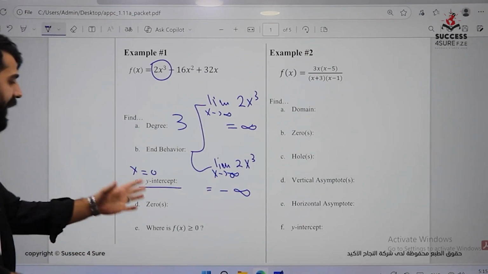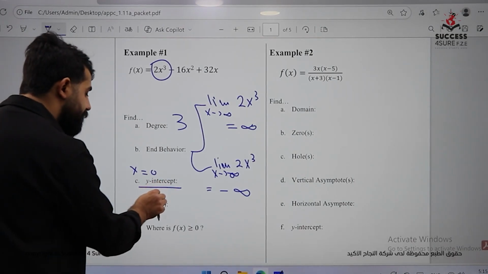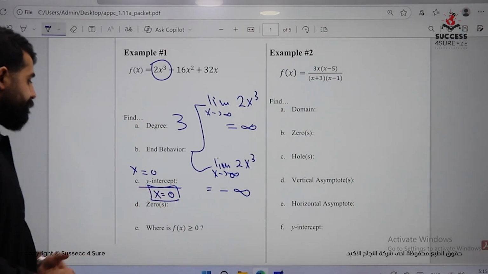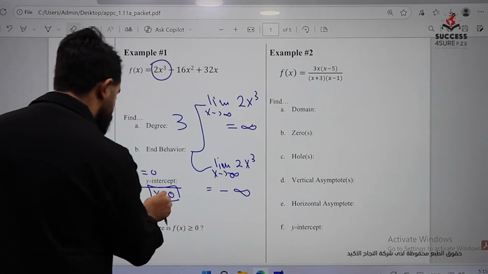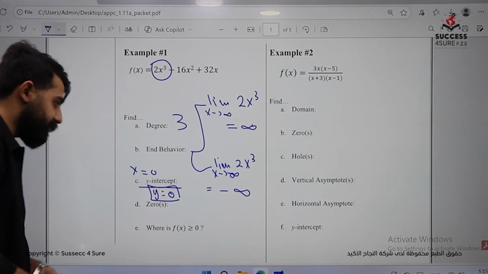So when x equals 0, what is the value of y? It is 0 also. Sorry, the y-intercept is at y equals 0, because we're talking about the y-intercept. The value of y is equal to 0.